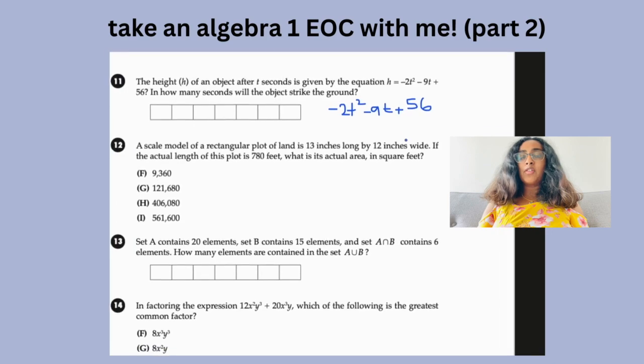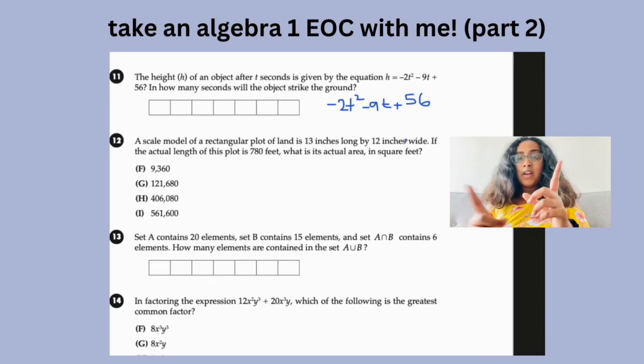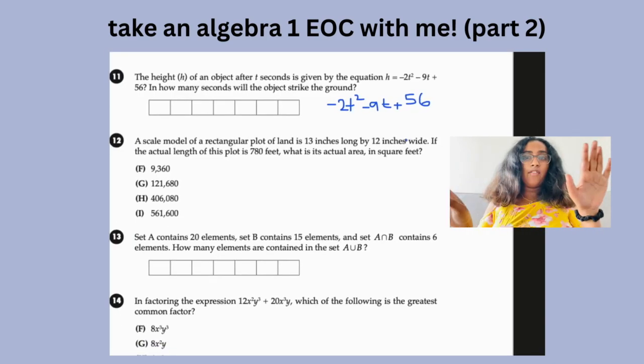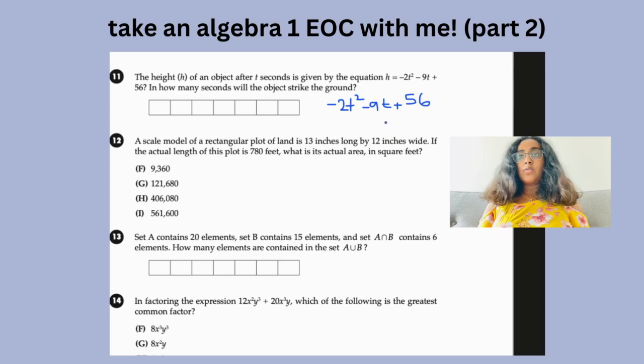So we know the song, right? I'm going to use the song that we made, not the one that everybody knows. It's just the formula you use to solve for x. x equals negative b plus or minus the square root of b squared minus 4ac, all over 2a.